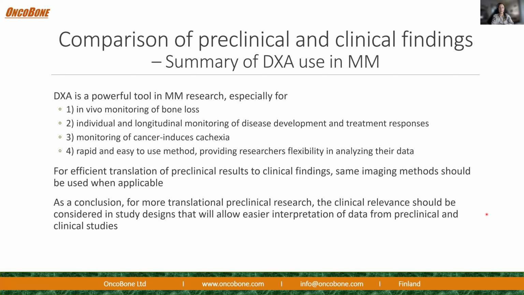And as the very last conclusion, to put it in a different way, we know that mice are not men, but we can definitely make them more resembling of the human situation when we consider the most critical points. And I hope that I have been able to raise those in my presentation today.